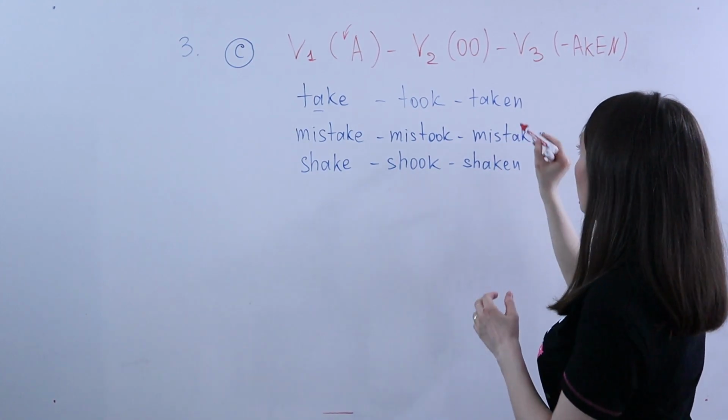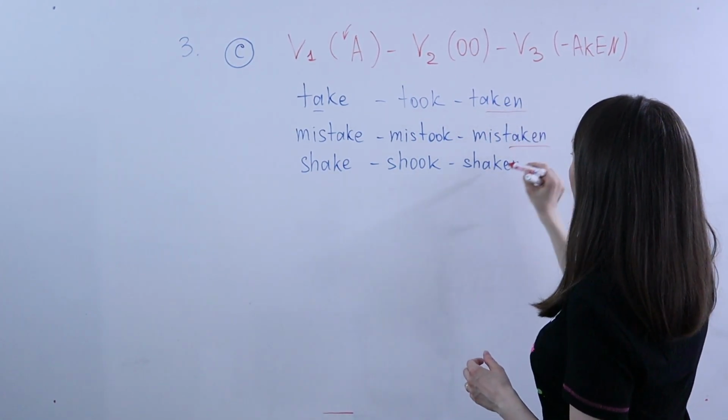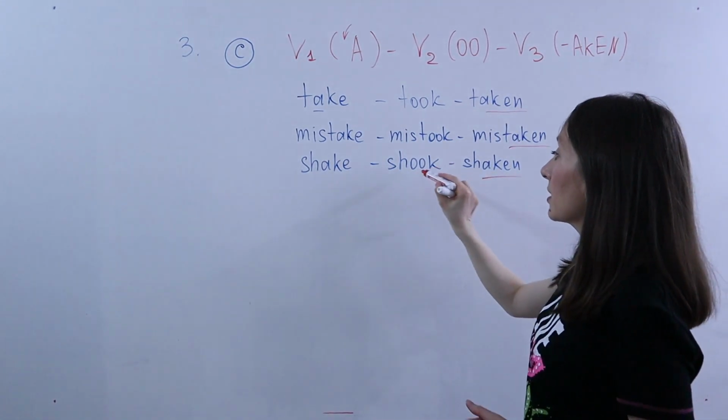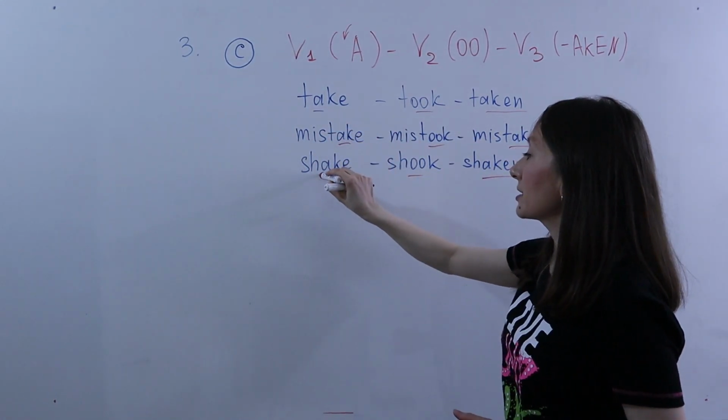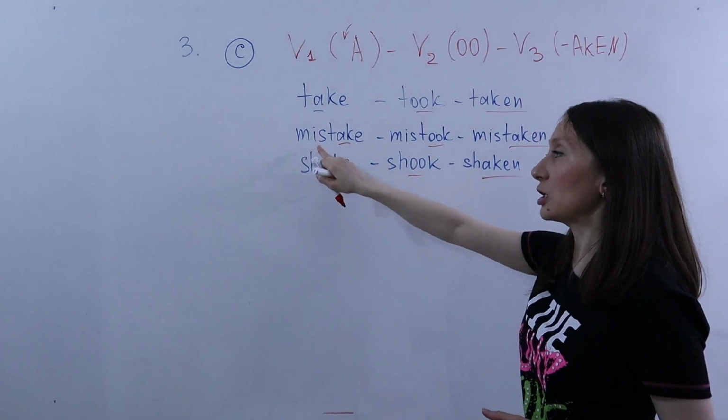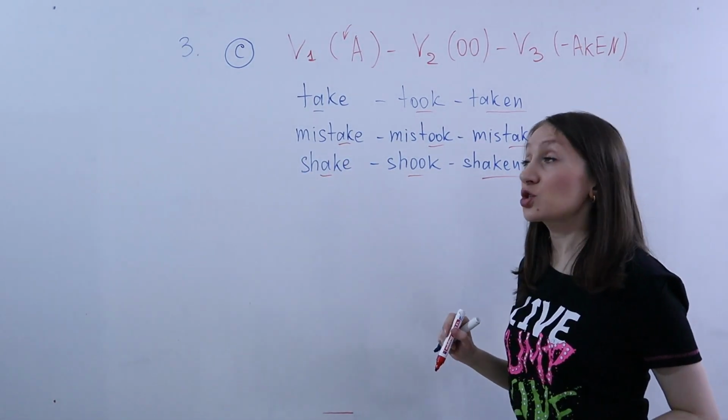You see, all of them have aken at the end, and double O letter, and this letter A, we don't say mistake, we say mistake, is stressed.